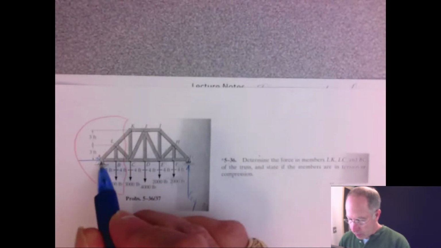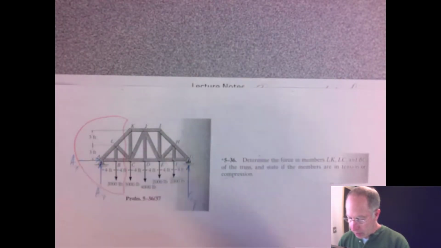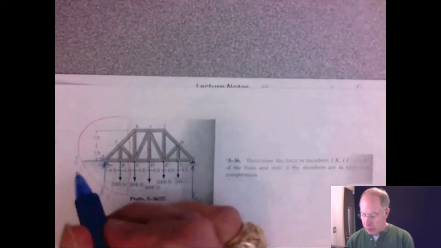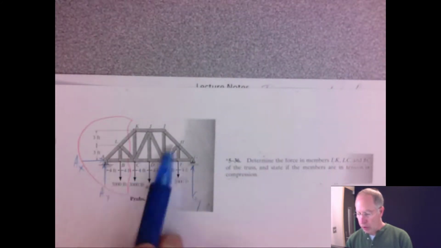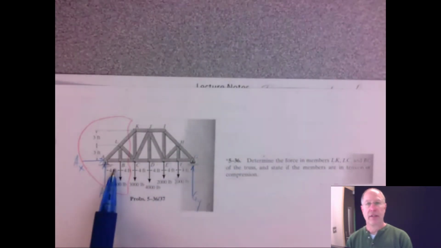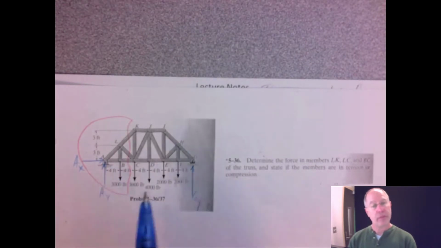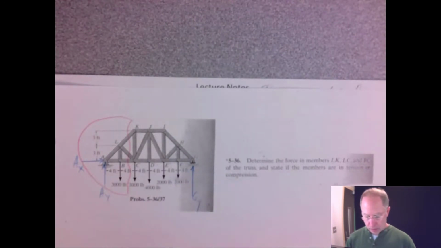I'll go ahead and draw them in, AY, and give them a name, AX. And I can already see that AX is going to be 0, because it's the only horizontal force represented in this truss. So when I summate forces in X equals 0, A sub X equals 0. So we don't need to worry about that.